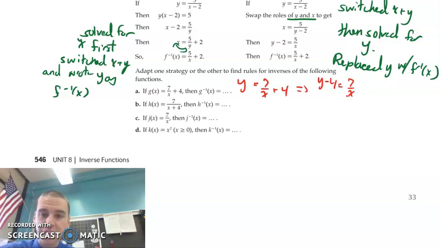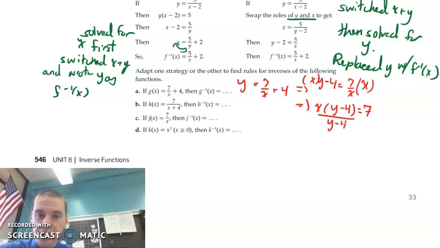If you have a fraction, we can multiply by x to get x to the other side. So now we have x parentheses y minus 4 equals 7. Notice that when we multiply by x, those x's become a 1, so you're just left with 7 times 1.